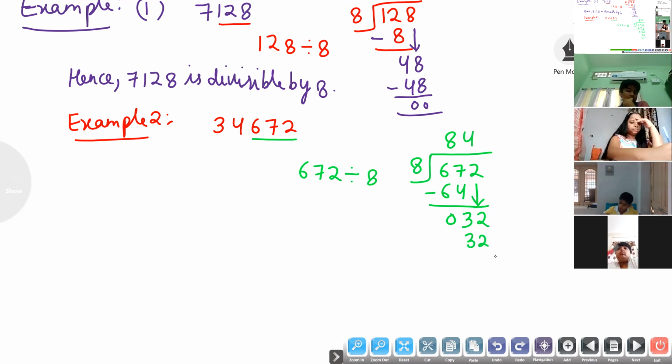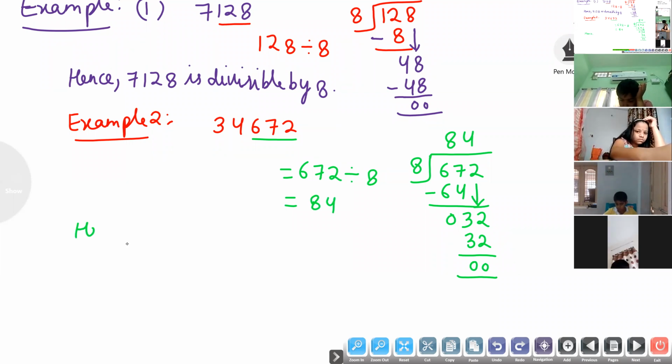The remainder has come 0. The quotient is 84. Then we can say yes, this number is divisible by 8. Hence 34,672 is divisible by 8.